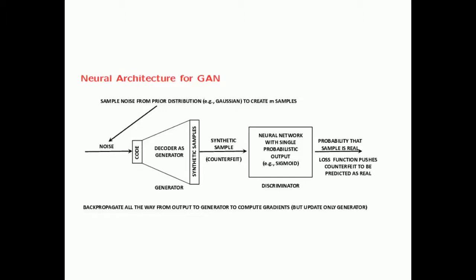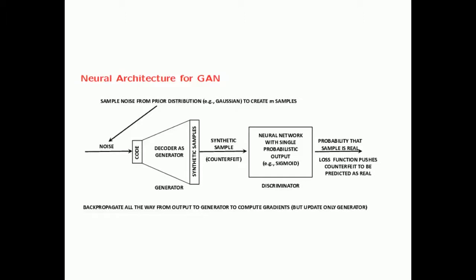Now this discriminator is nothing but a classifier. You can train it like a classifier, but the important point is that you train the classifier simultaneously with training the generator. While training the generator, you will hook up this discriminator to the generator in the way I have shown in the figure, and the output is the probability that your sample is real.